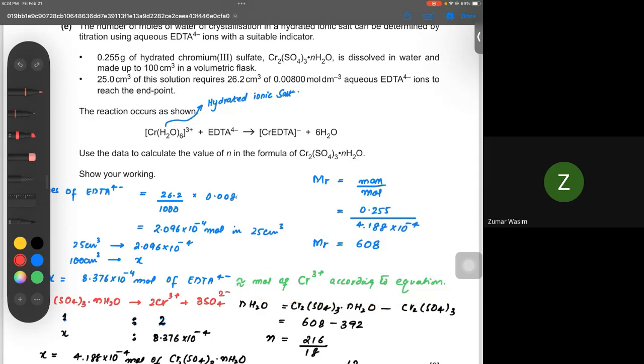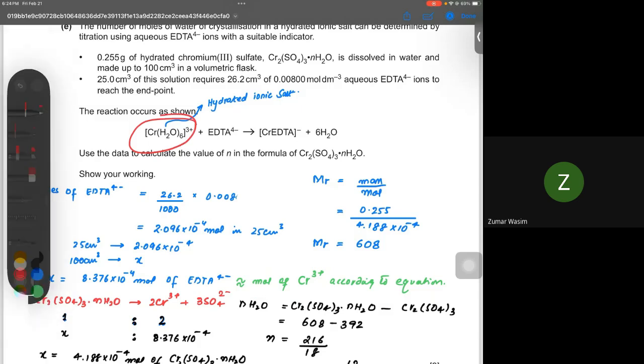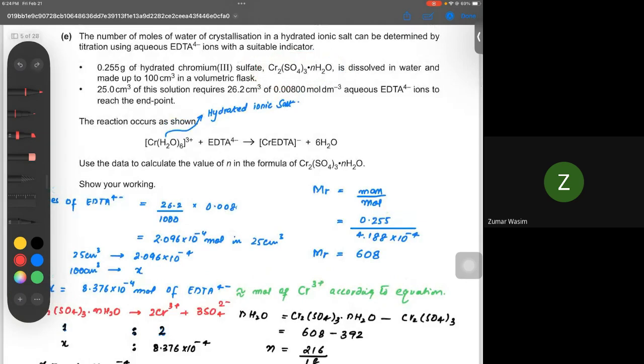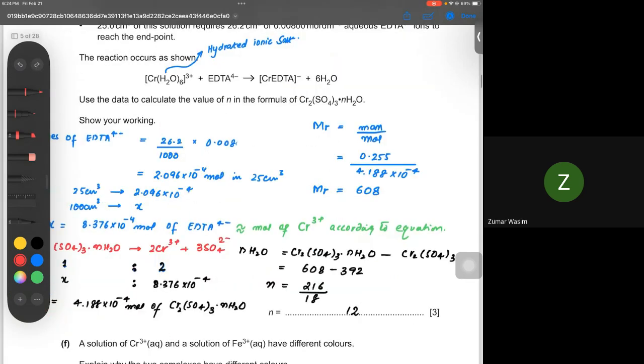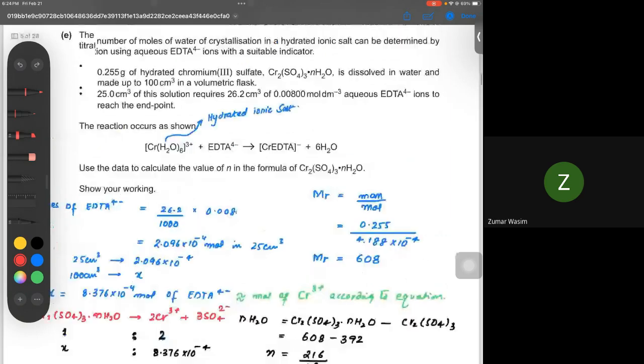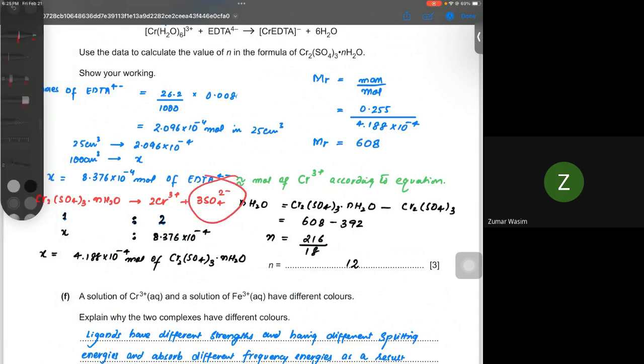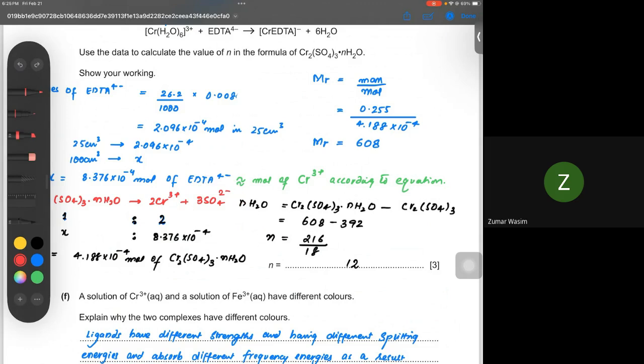But I need to find out the moles of the whole compound. One chromium sulfate dot nH2O, when it dissociates in this manner, gives us 2 chromium 3+ ions and 3 moles of sulfate ion.